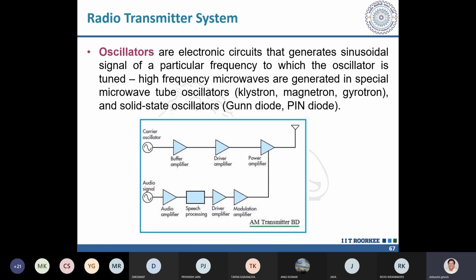They cannot be used. For high power microwave cases, we use microwave tubes like klystron, magnetron, gyrotron. These are some microwave tubes. Or for low power application, we can go for some solid state oscillators which are made up of Gunn diode, PIN diode. You will study about it afterwards, the details. So these are some microwave generators.